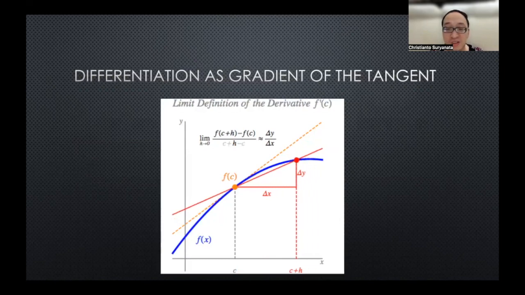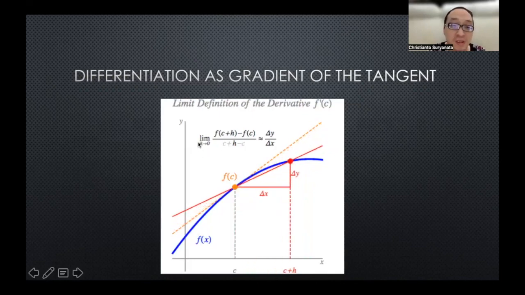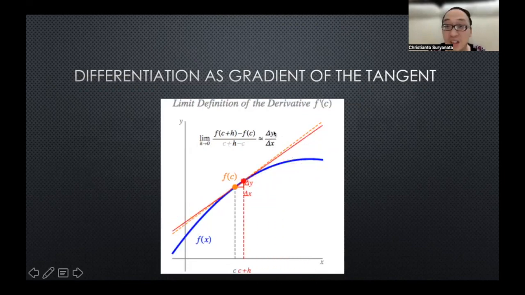From the previous lesson, we know that differentiation gives the gradient of the tangent. If you remember the first principles method, when we take the limit of f(c+h) minus f(c) over h, where the x value is c, it equals delta y over delta x, which is a gradient.